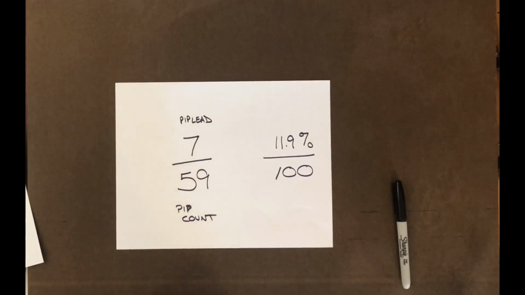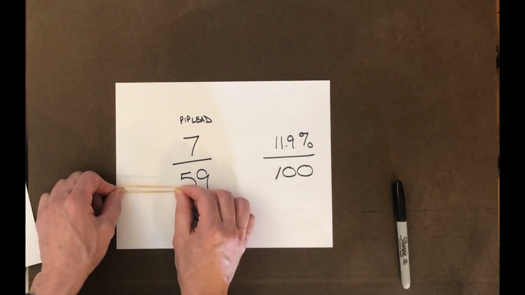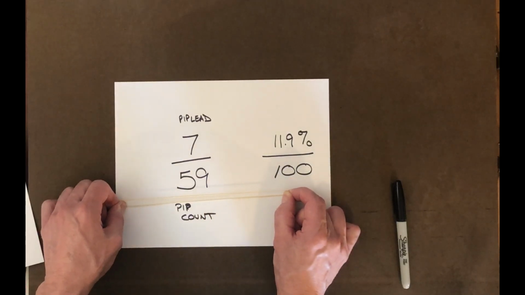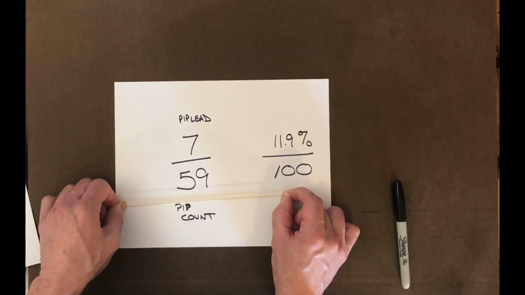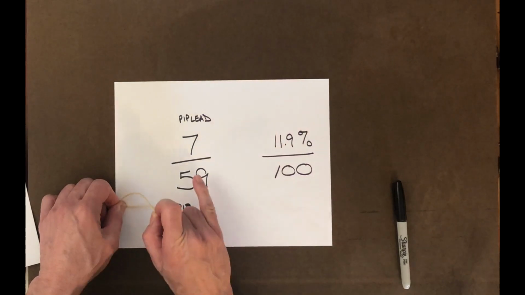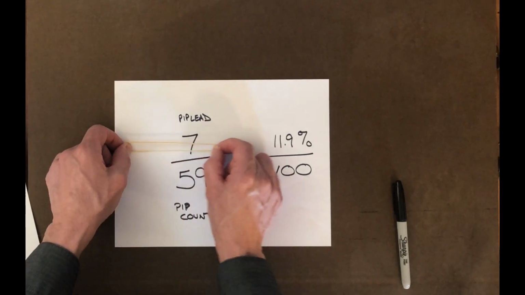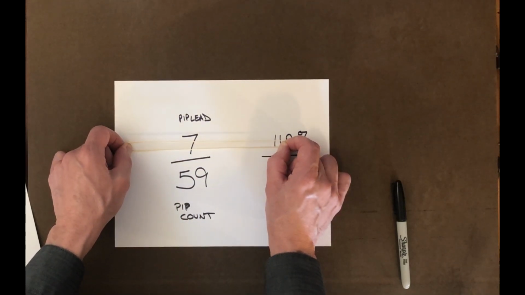So, what effectively happened was we took our 59, which is our pip count, and we stretched it. We made it 100. And if we use the same technique to take the 59 to 100, if we do that to our top number, 7, it takes us right to our answer.